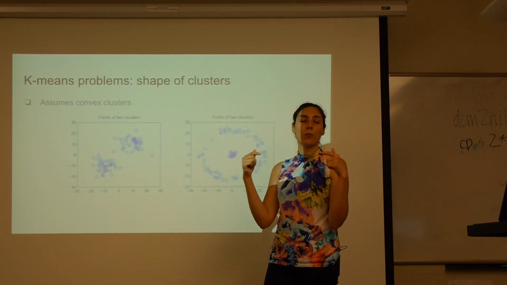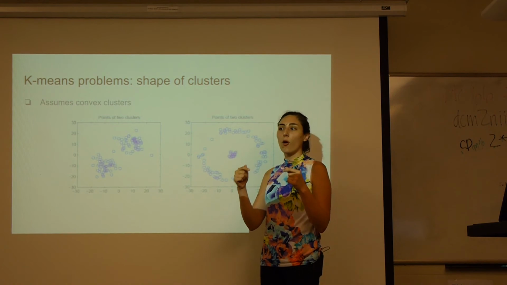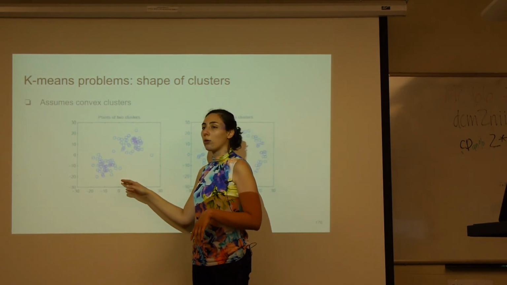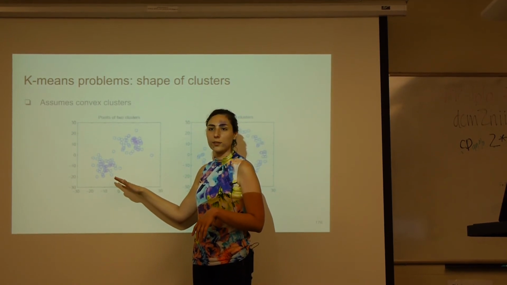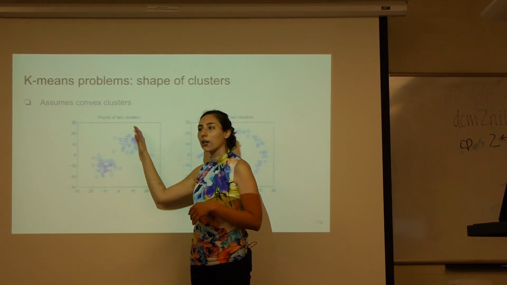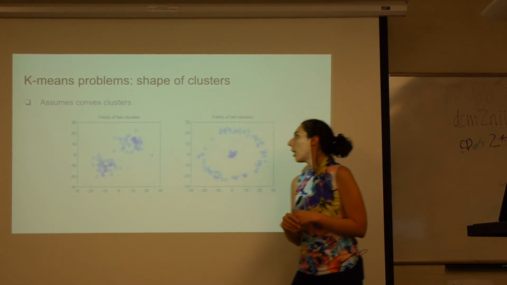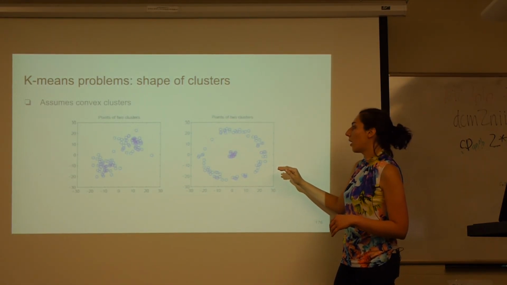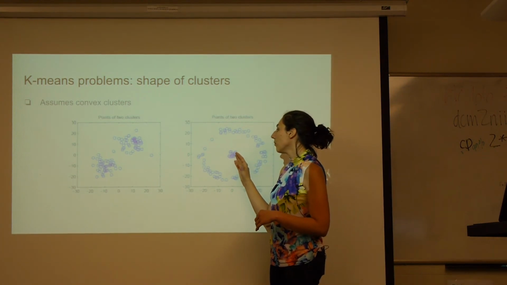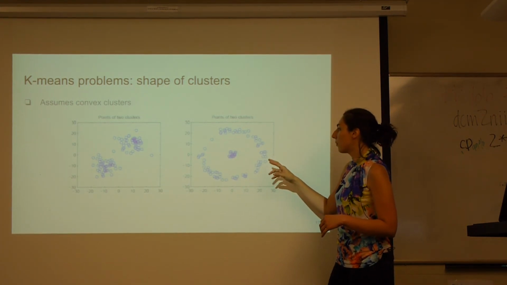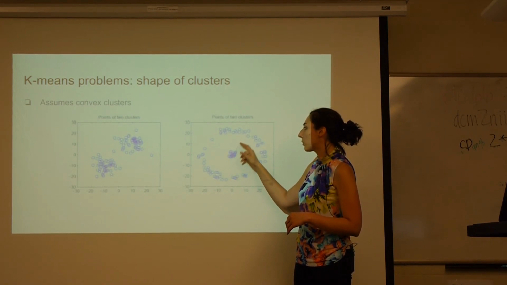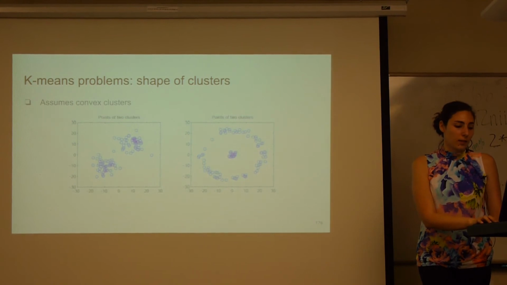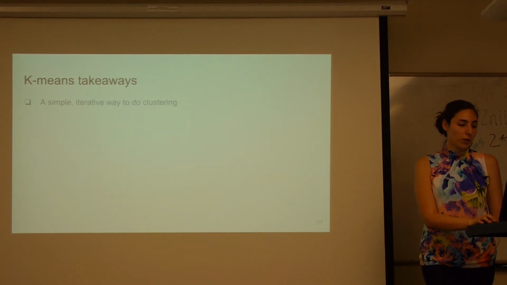So every line you draw between two data points falls within the cluster. So k-means should do pretty well on this because they're sort of circular, which is convex. Here, though, if we try to use k-means on this, it will fail because this cluster is basically within this other cluster. OK, so we'll show you a picture in a little bit.